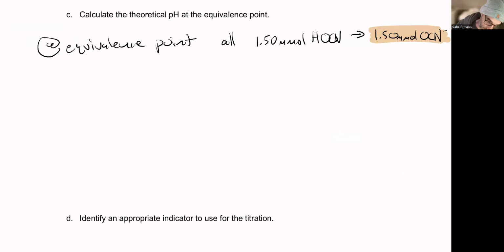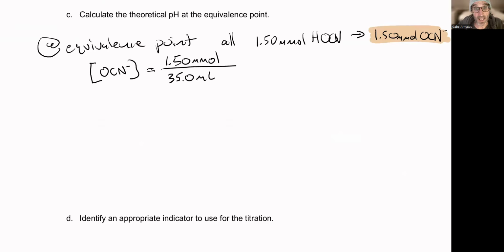And because that's true, I can determine the concentration of my base. Concentration of my base is the millimoles or moles per liter. In this case, millimoles per the total volume, which is another 20 mL, so 15 mL for my original acid solution, and then 20 mL to reach the equivalence point, which we determined in A above.